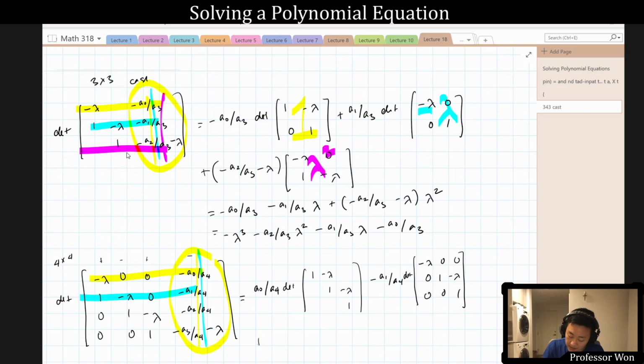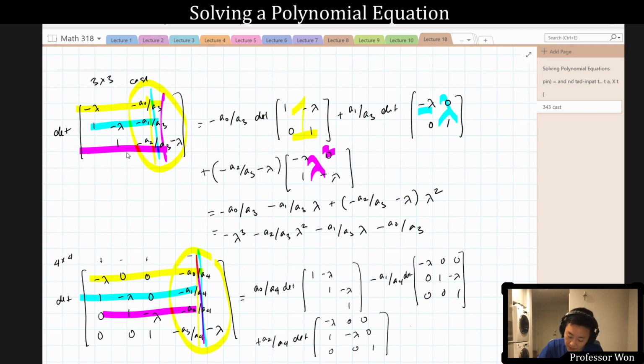Then we'll get plus a2 over a4 times the determinant of what matrix? Strike this row and this column. We're left with negative lambda 0, 0, 1, negative lambda, 0, 0, 0, 1.